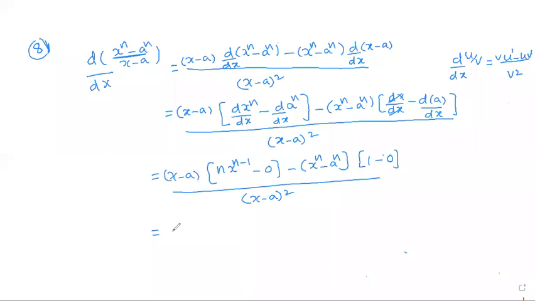Now (x minus a) into n x power n minus 1, minus (x power n minus a power n), by the denominator (x minus a) whole squared. Only 10 minutes are left.